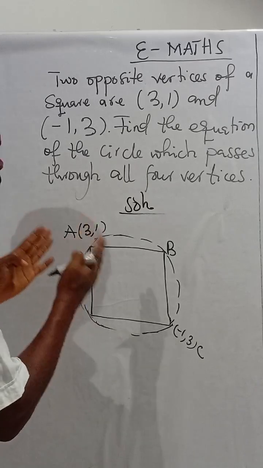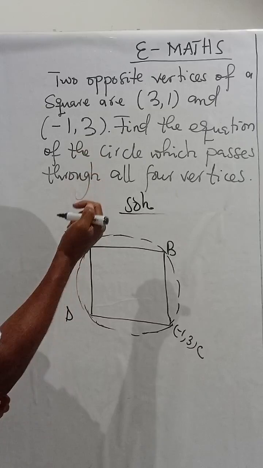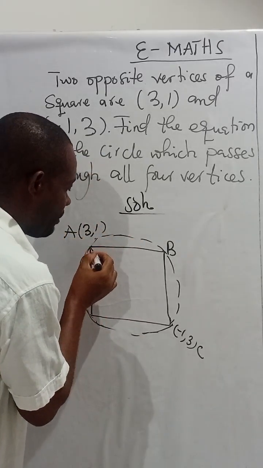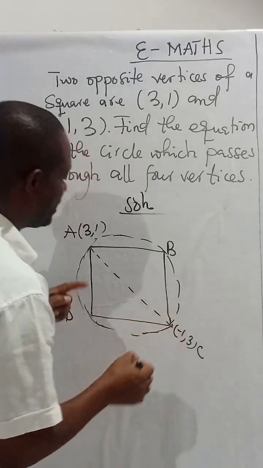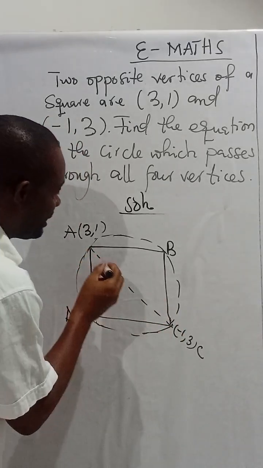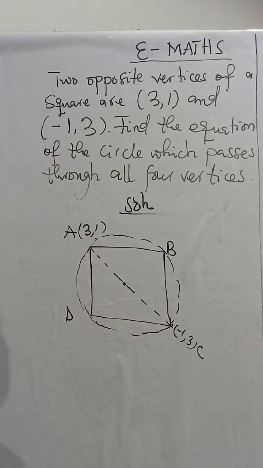Now we are asked to find the equation of the circle, that is this circle. But before we find the equation of the circle, we must know the center. Now we can find the center by drawing a diagonal from A to C. The middle of the diagonal will be the center of the circle.